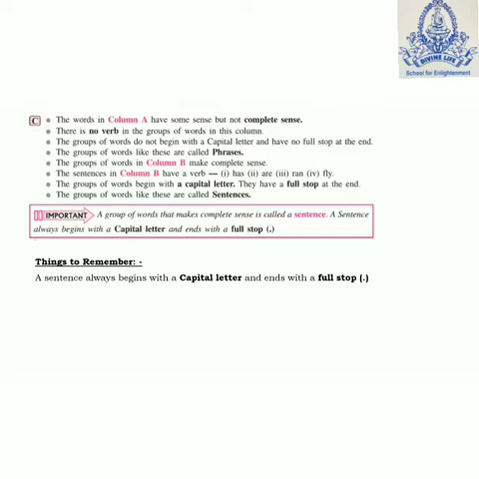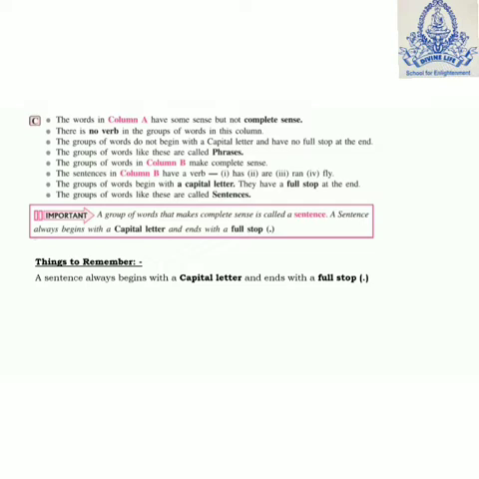Now, the words in column A have some sense but not a complete sense. That I already told you. There is no verb in the group of words in the column. Why doesn't it make a complete sense?